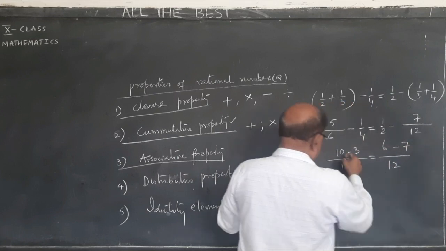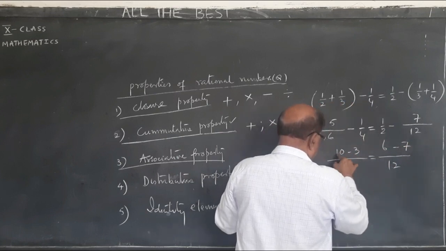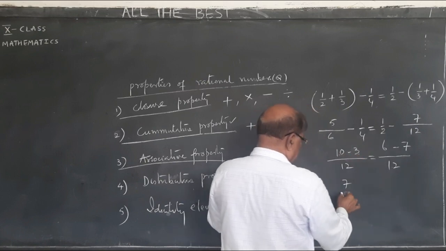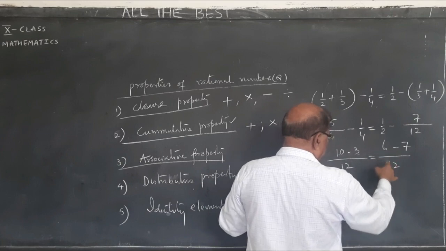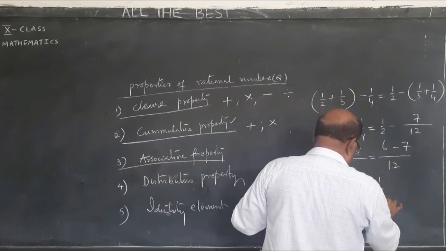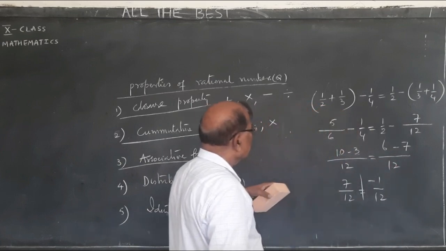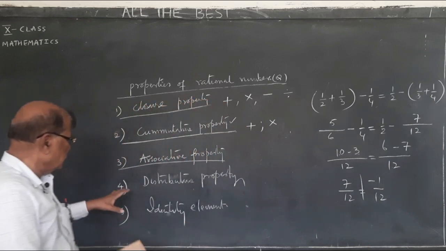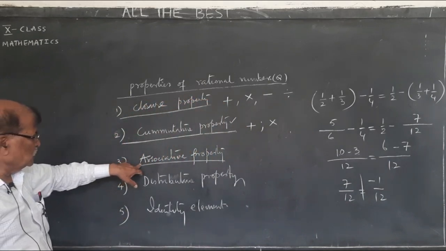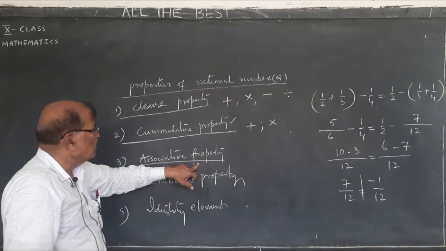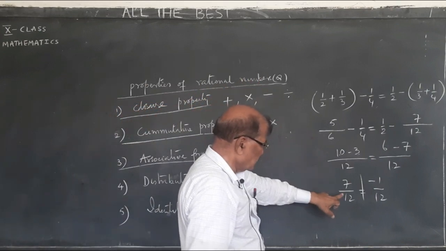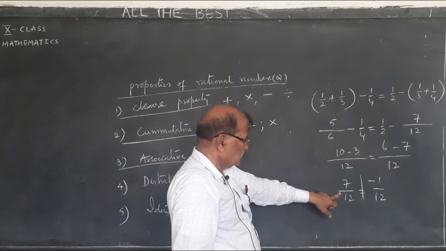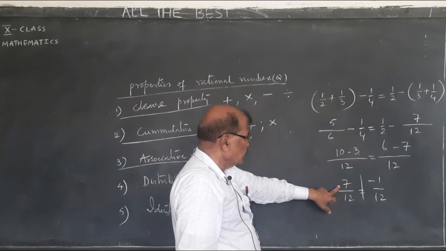So you are getting 7/12 on one side, and how much are you getting here? Minus 1/12. They are not equal. So we can conclude that the associative property of rational numbers in subtraction doesn't hold good, doesn't satisfy.